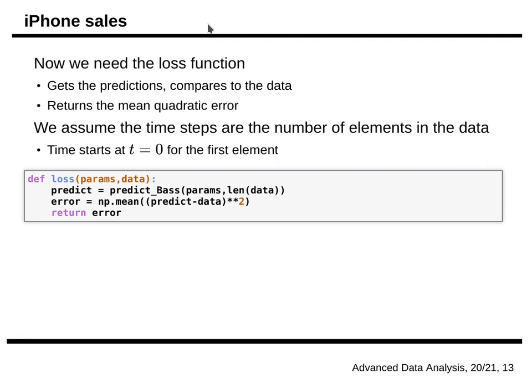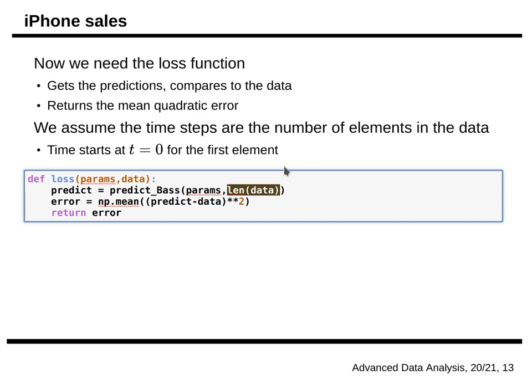And now we create the loss function, which is the error function that we're going to minimize. So we have the parameters and the data. We predict the values, the total sales at each point in time, using these parameters. And we want as many points as we have in the data, so 1 for time 0, 1, and so on.